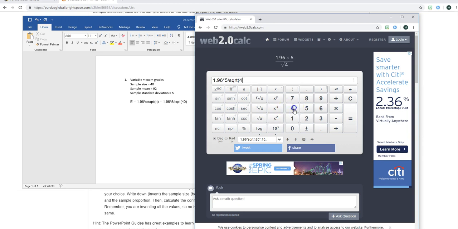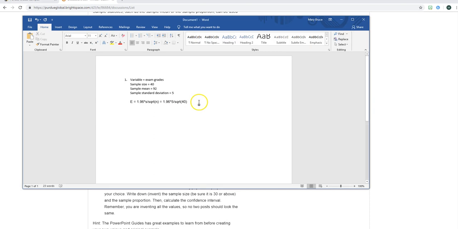And I'm taking the square root of 40, which was my sample size. Close off the parentheses and then press equals. And I'm going to round this off to roughly about 1.55. If I look to the right, it's a 9, so I'm going up to 1.55. So clear that out. That's how easy it is to use Web 2.0.